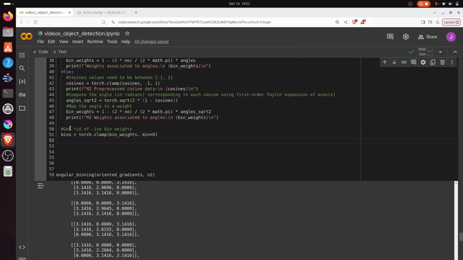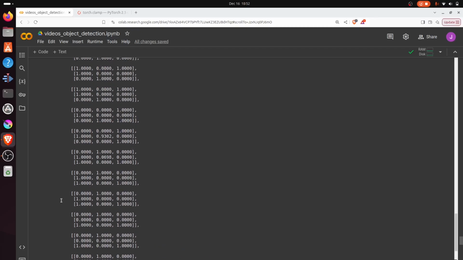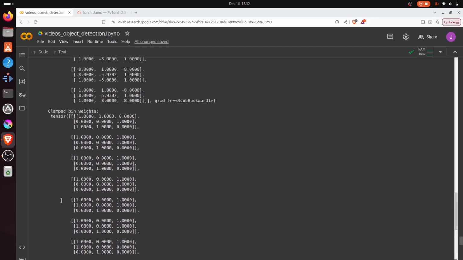Fantastic. Now let's also visualize the clamped bin weights and bins here. Great. You see how now we do not get negative values.